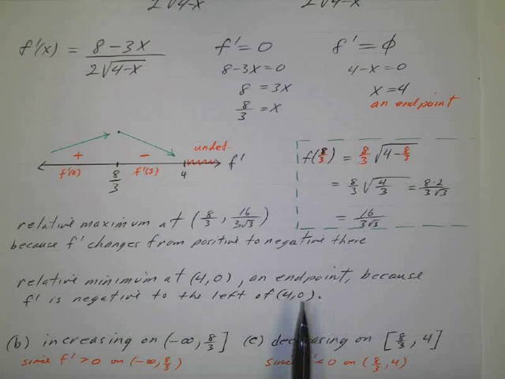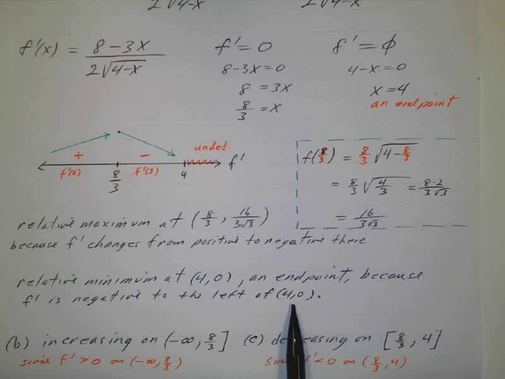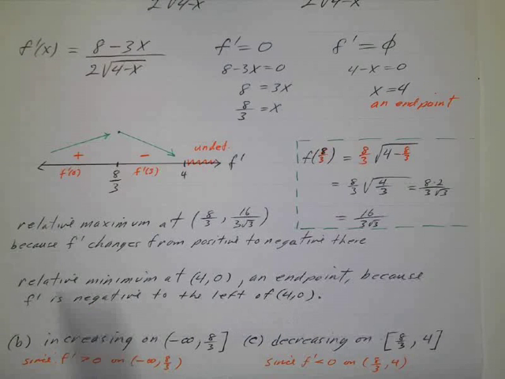We maybe should have said it's a right endpoint. If f prime is negative to the left of a right endpoint, then that right endpoint must be a relative minimum.